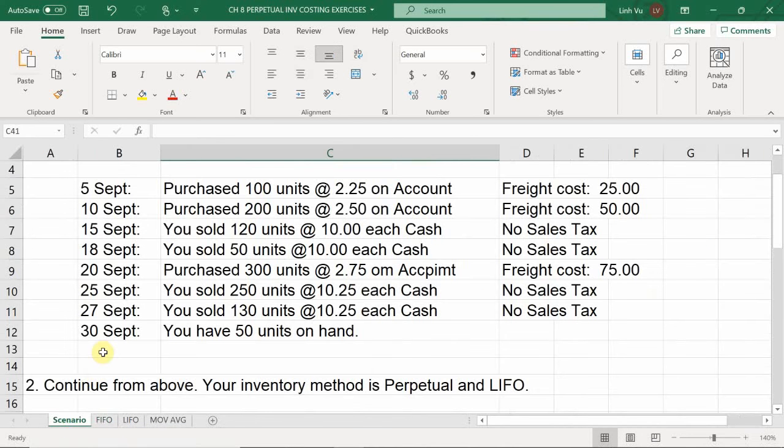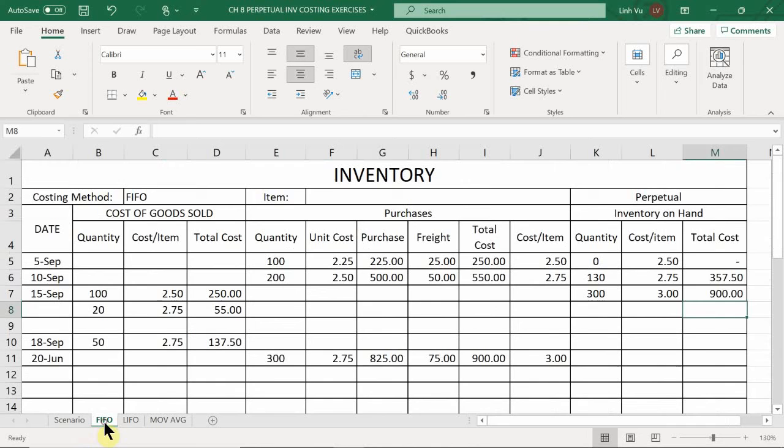Then on September 25th, we end up selling 250 items.